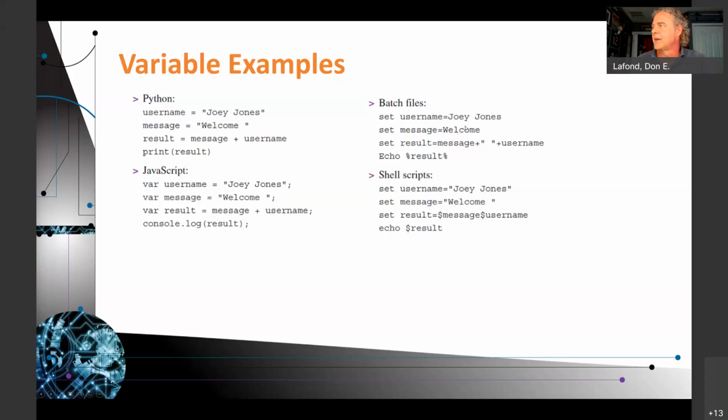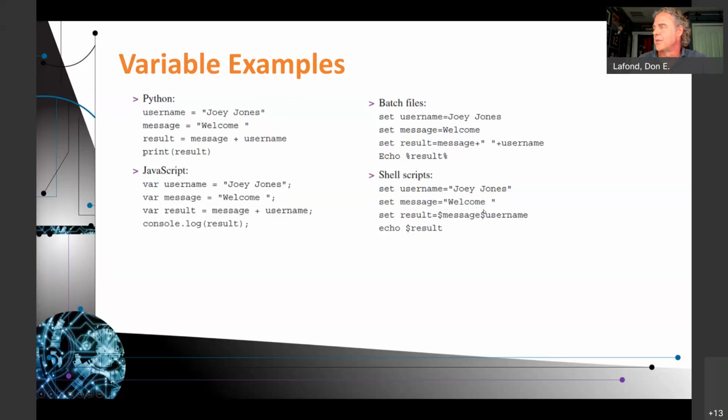Here we have batch files. Notice no parentheses necessary around words. That's interesting, a little bit different, where you did need it in the other 3 to show where the text begins and ends. And then notice that because we didn't have the ability to add a space over here, we had to add parentheses with a space in the middle here. So this is the first word, welcome here, and then add to it a space, and then put in the username, which is Joey Jones here.